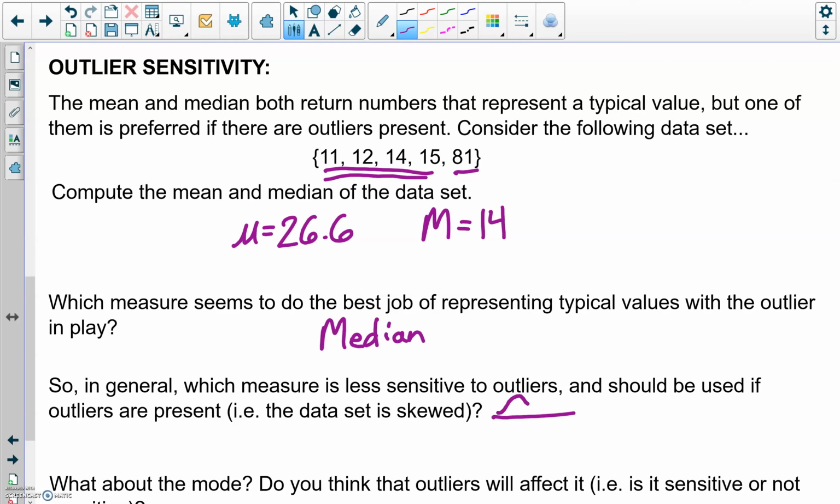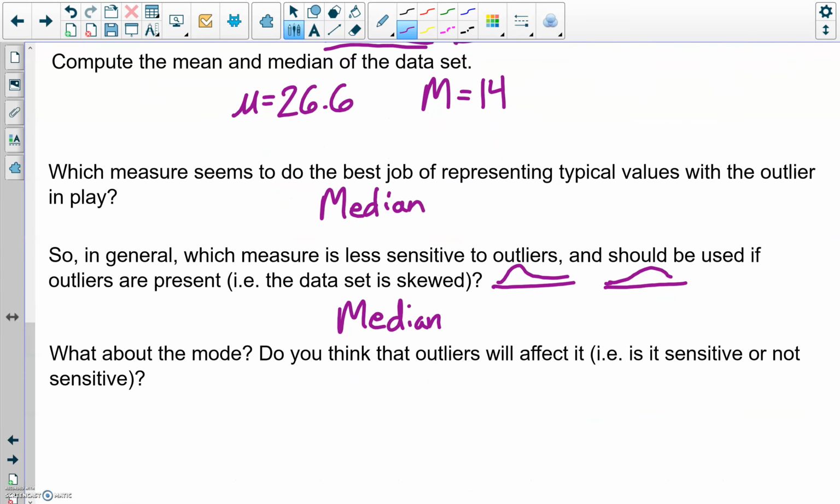And in general, if there are outliers present, the data set is skewed. You got something like this or something like this, where you got a tail on one side, you're going to want to use the median. It's why they use median for home prices. When you look it up on a Chamber of Commerce, you're going to see the median as the home price. Median salaries. The reason for that, you got a lot of crazy homes out there that are really expensive.